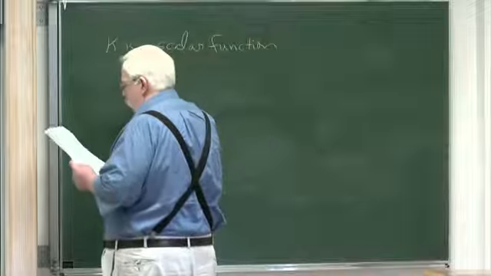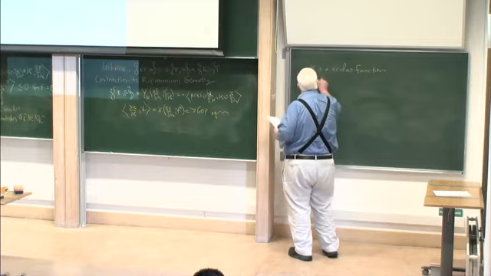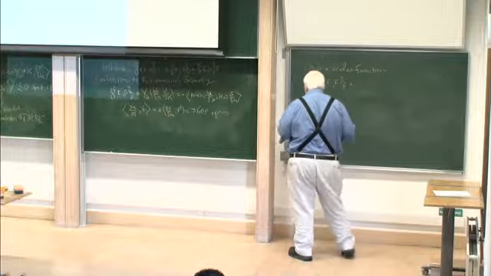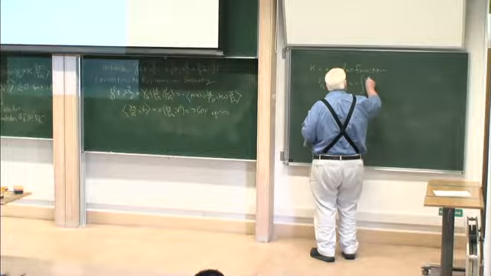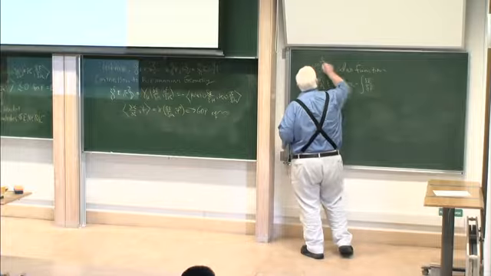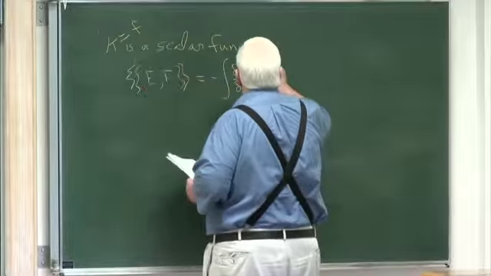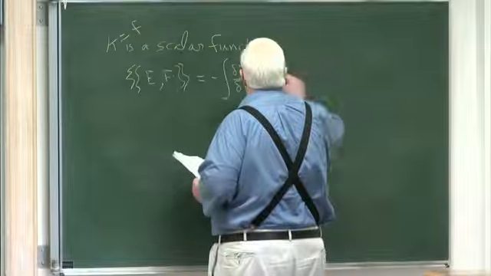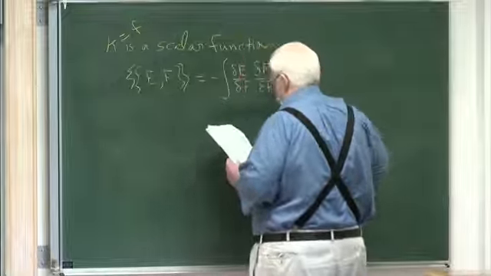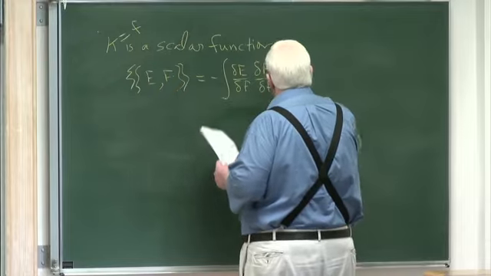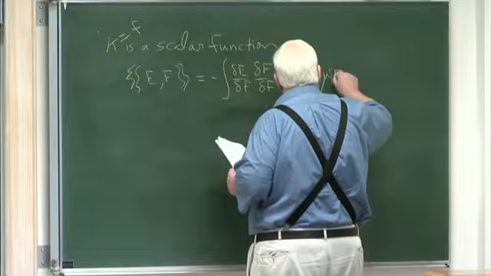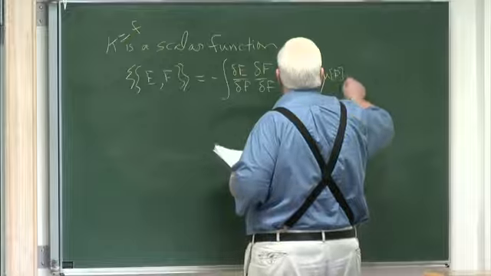So then this Leibniz bracket of E with F is equal to minus integral dE d little f, so let's let kappa equal little f, dF d little f, times the gradient of mu of f, d3x.